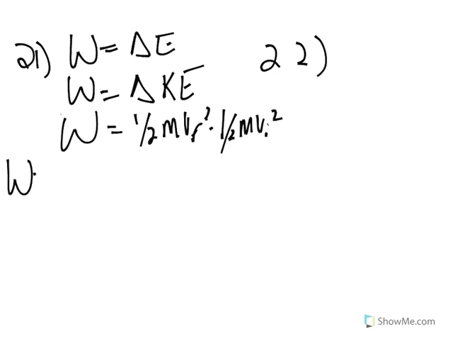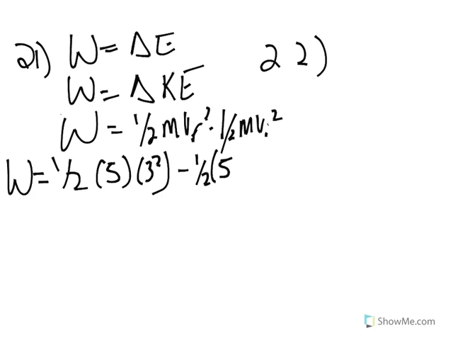So the work would be equal to 1/2 times 5 times 3 squared minus 1/2 times 5 times 0.5 squared. And if you solve that, you should get 21.9 joules.